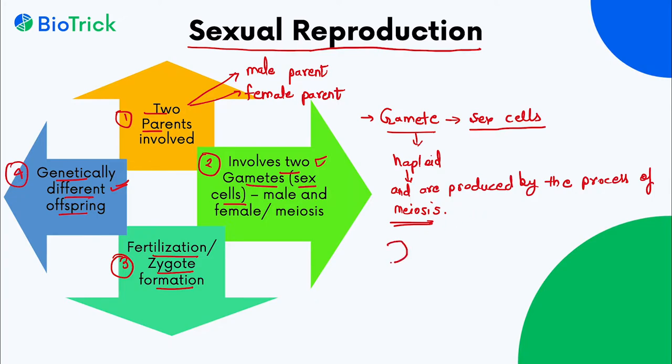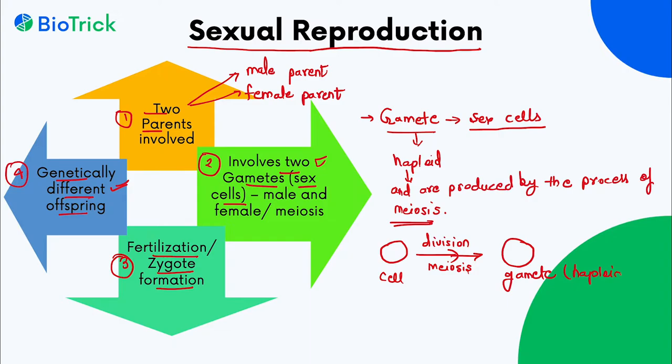Let's take a cell. Cell division occurs in this cell by the process of meiosis and it forms a gamete, which is haploid in number.